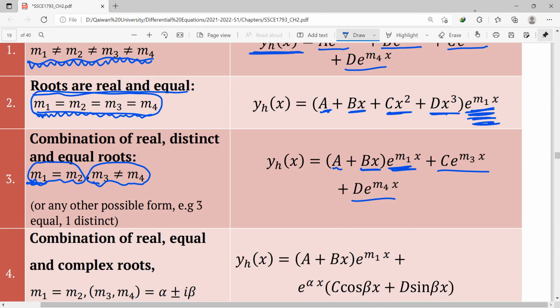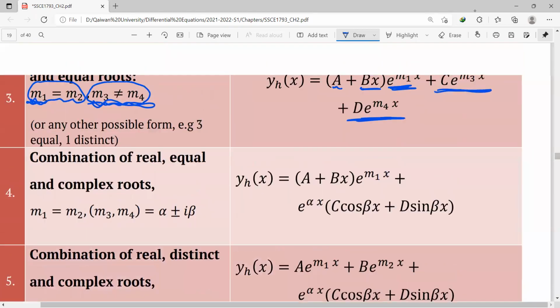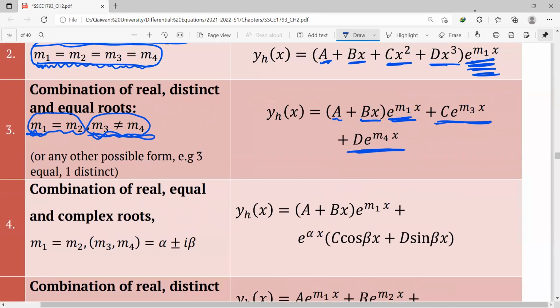But for the others, m3 and m4 are different. Since m3 is different from m1, m2, and m4, we say it is c e to the power m3x, and for m4 also d e to the power m4x. You have these solutions for that case.